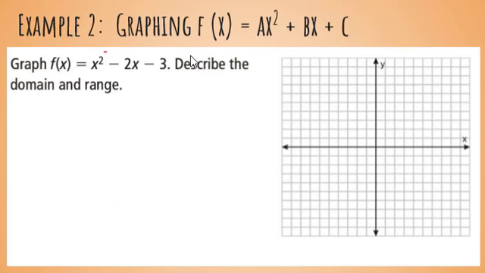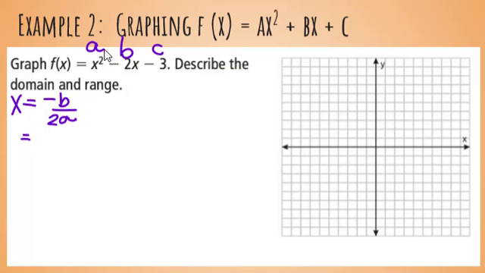So now example 2 is looking at graphing. This is going to start the same way. We're going to start by finding the axis of symmetry and the vertex. So I'm going to go ahead and label my a, my b, and my c values, and start by calculating my axis of symmetry using that negative b over 2a formula.